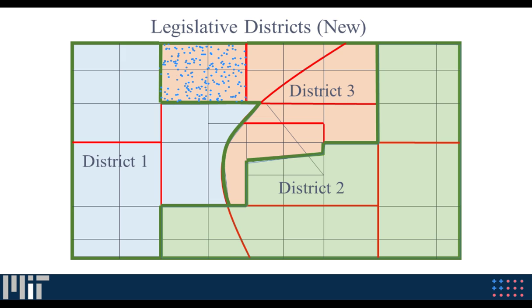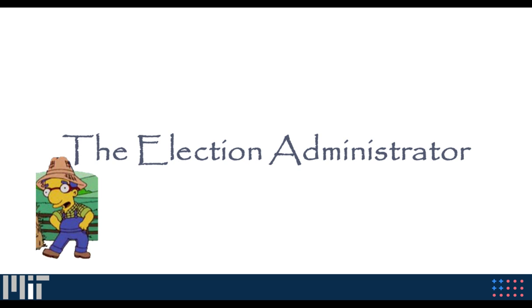Now, imagine in this myth, this little story that I'm telling, that the redistrictors have now drawn new districts to reflect population movement over a census, and they give the definitions of the new districts over to the election administrator. Now, it's certainly the case that the people drawing districts care about the people in those districts.